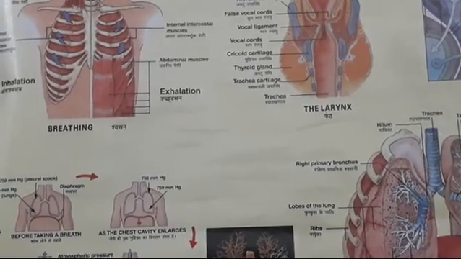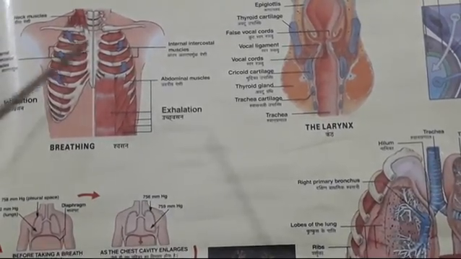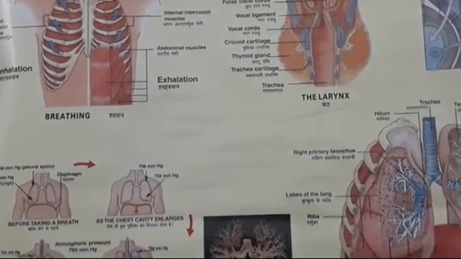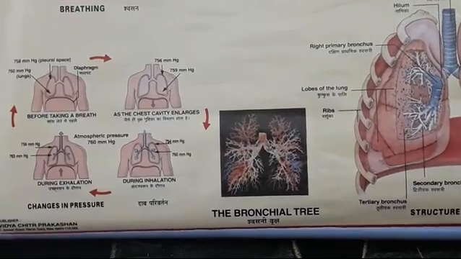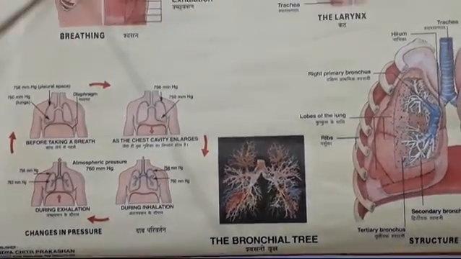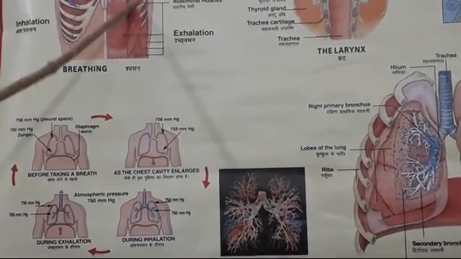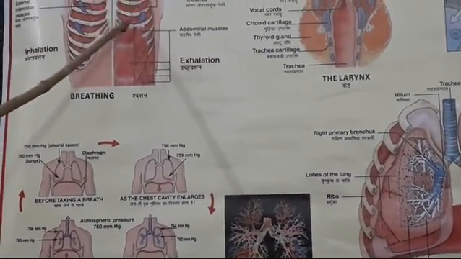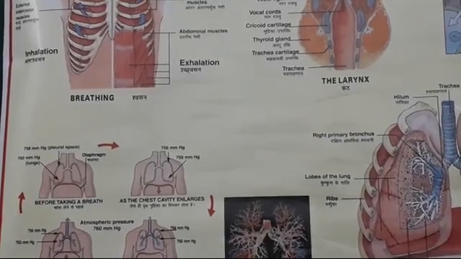So in expiration, just the opposite movement takes place. The external intercostal muscles, which were stretched, relax, and the ribs move inward. They come back to their original position automatically.